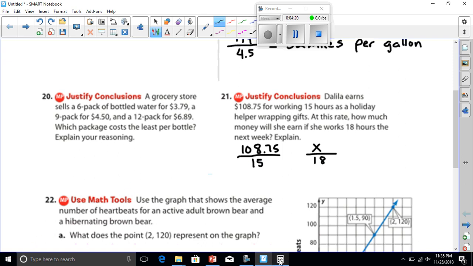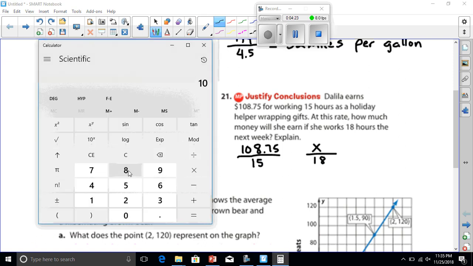I'll get my calculator again. And we have 108.75 times 18. We're cross multiplying the numbers that are cross diagonally from each other. And that number is going to be 1,957.5. So that's how much will I earn. What we earn is up on top.